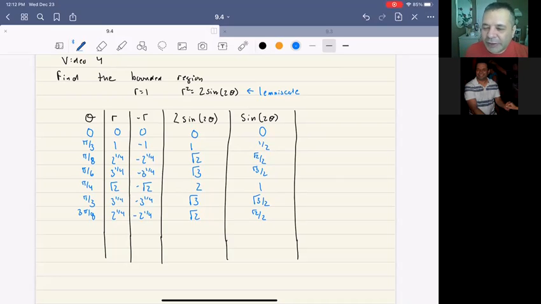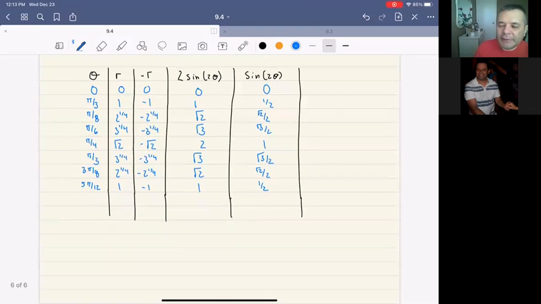Okay, the next angle we know, 5 pi over 6. 5 pi over 6 divided by 2 is 5 pi over 12. Sine of 5 pi over 6 is 1/2. So it's going to be 1. So we're going to get plus and minus 1 for r. And finally, pi. Half of pi is pi over 2. Okay. Sine of pi is 0, 0, 0, 0.